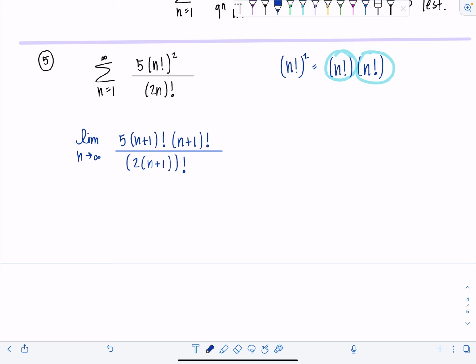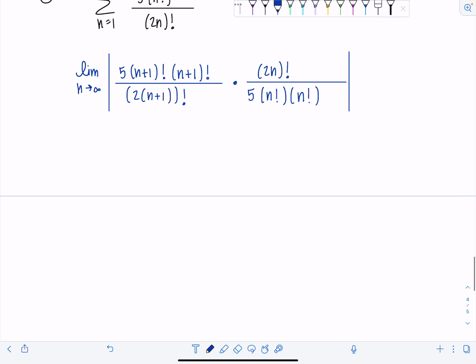So that's a_(n+1), times the reciprocal of the original, so 2n factorial over 5 times n factorial times n factorial. Absolute value for now, but after a quick glance, I can tell I'm not going to need it. Nothing's going to be negative.